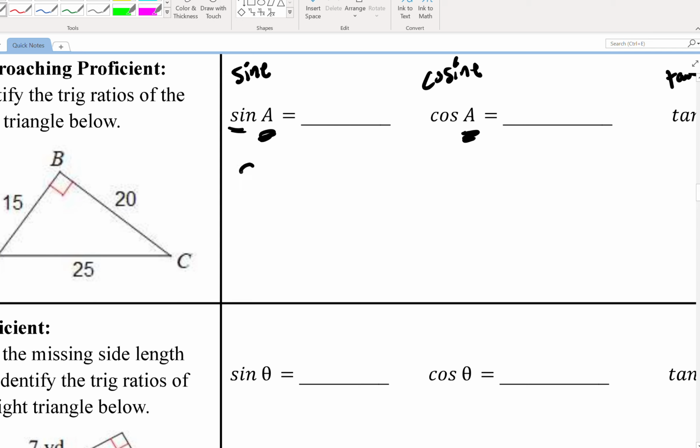I encourage my students to write this out. The sine is the opposite over the hypotenuse. The cosine is the adjacent over the hypotenuse. And the tangent is the opposite over the adjacent. If you label the triangle, then you know what we're talking about.